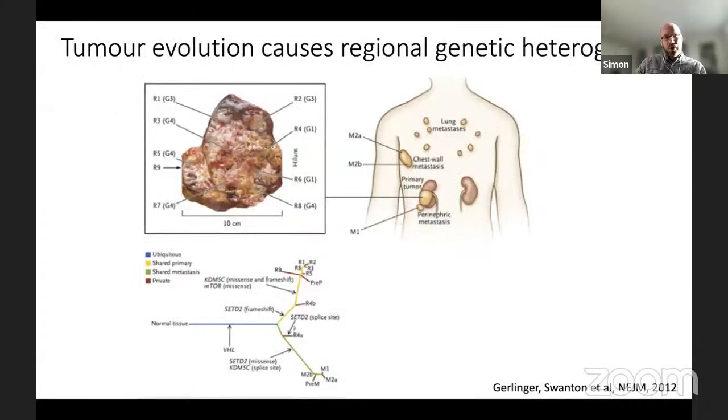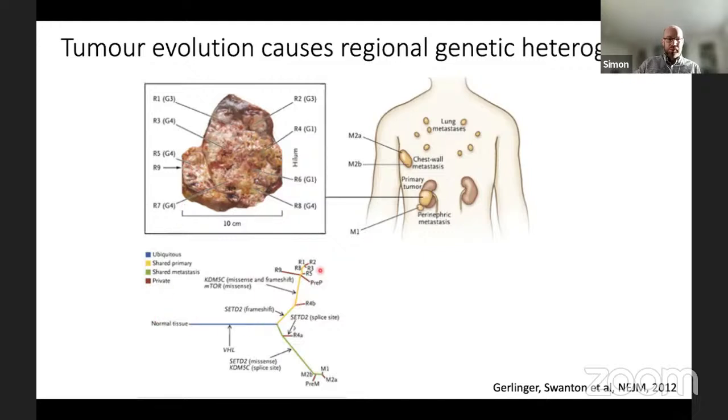A lot of the work from the Swanton stable has proven this, or has at least looked at this. This is a really well-known paper from back in 2012 now, New England Journal of Medicine. This is a horrible renal carcinoma here. Charlie Swanton and his team dissected out individual regions from around this tumor, and then undertook what was then fairly nascent whole genome sequencing technology to determine the genetic makeup, the phylogenetic trees, of each of these different regions.